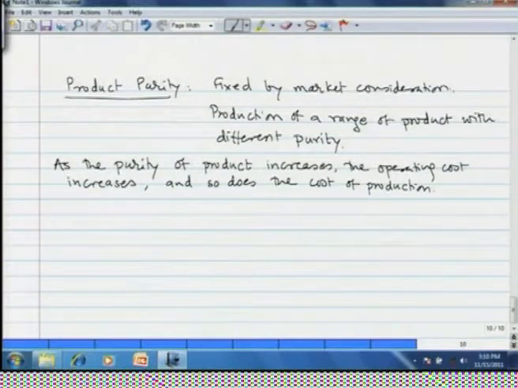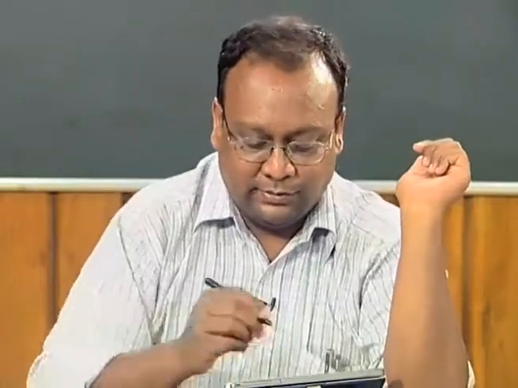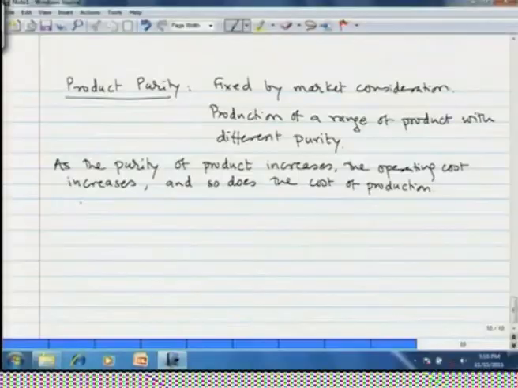Therefore, the unit cost of a product can rise as the purity rises. So, this is an important factor in deciding the design of a plant.